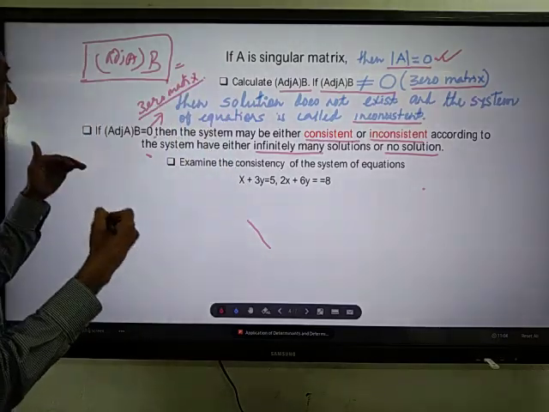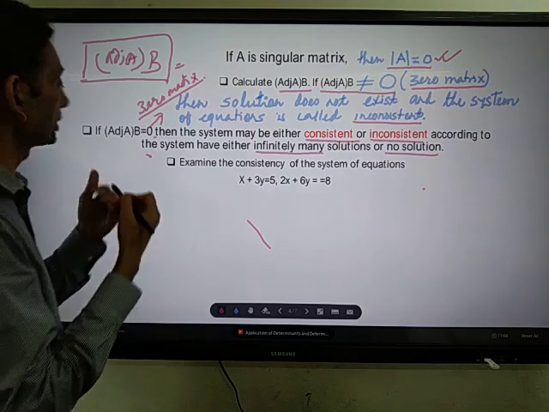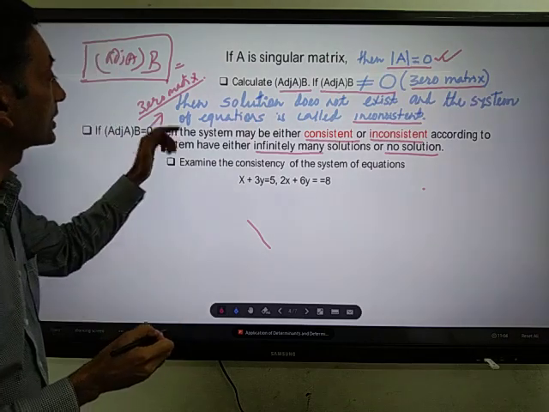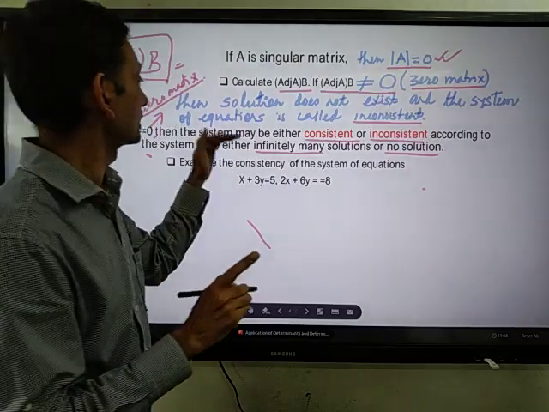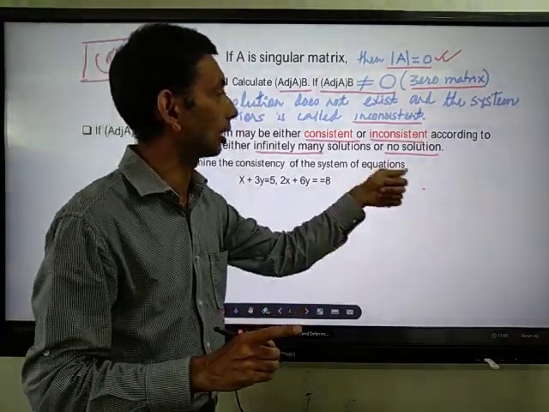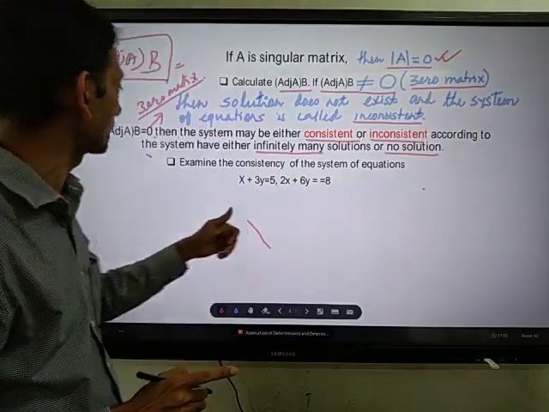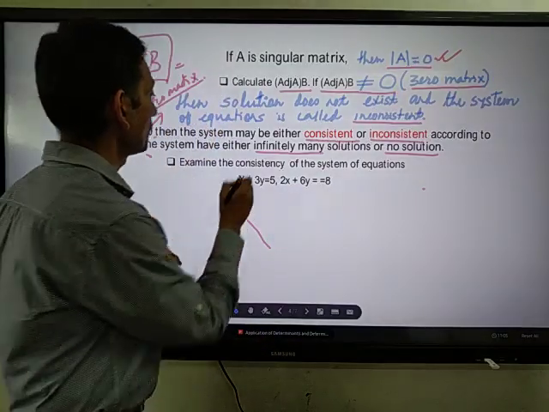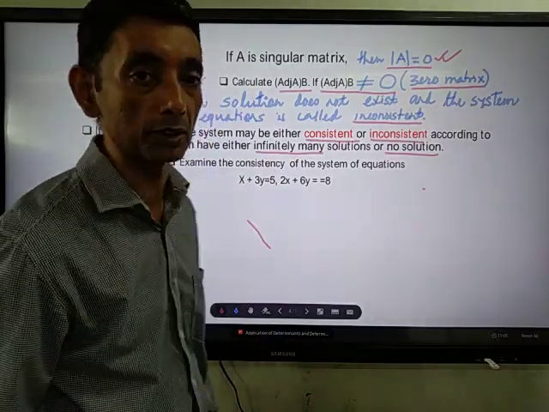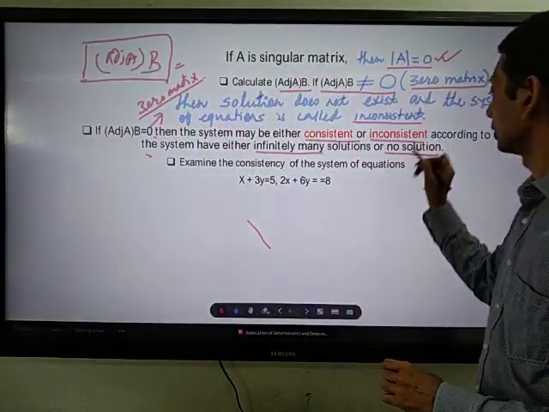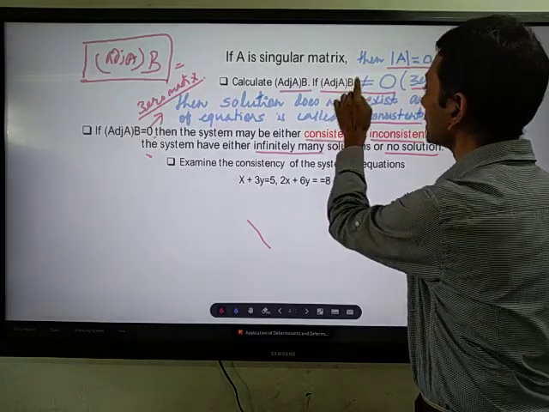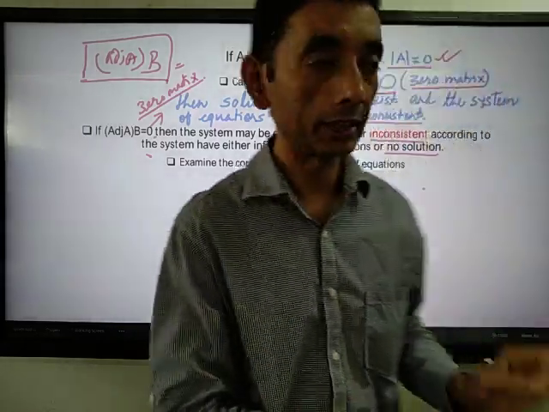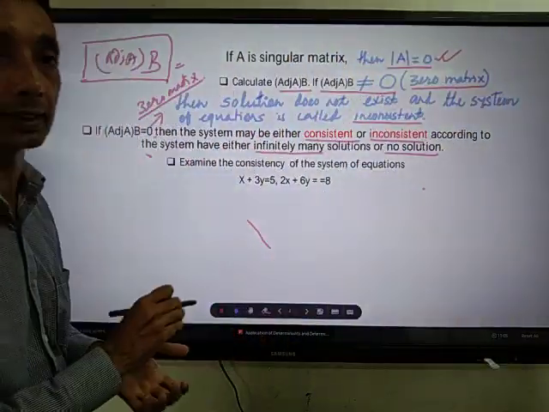If adjoint of A into B is equal to the 0 matrix, then the system may be either consistent or inconsistent. Here also there may be two cases.